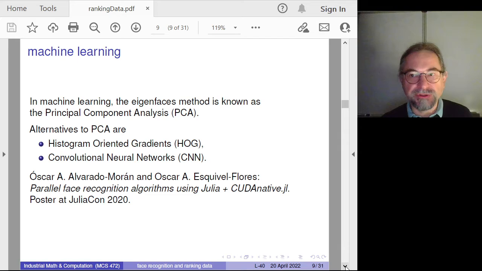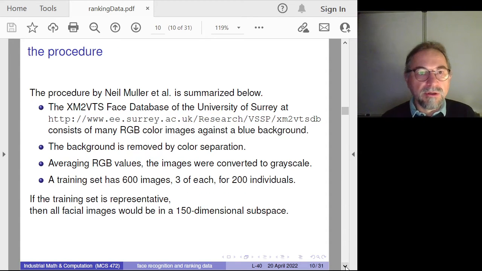When we discussed neural networks, I was using another SIAM Review paper, and that also introduced the convolutional neural networks approach. So I just want to say, in this lecture, we are heavily oriented towards linear algebra, but linear algebra and the eigenvalue method is actually the principal component analysis of machine learning.